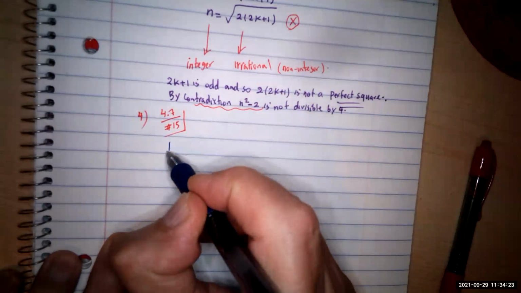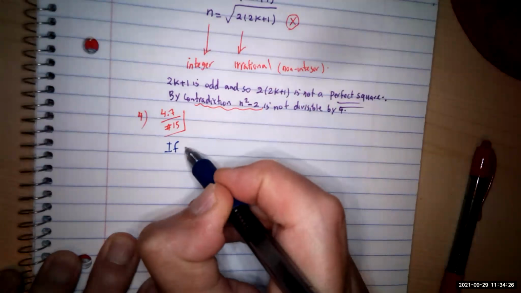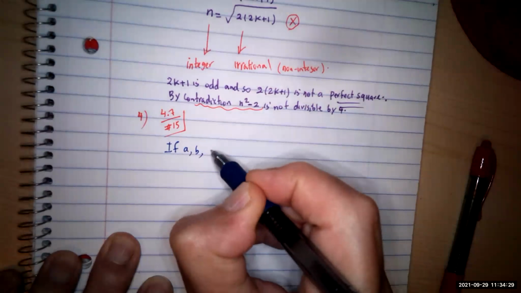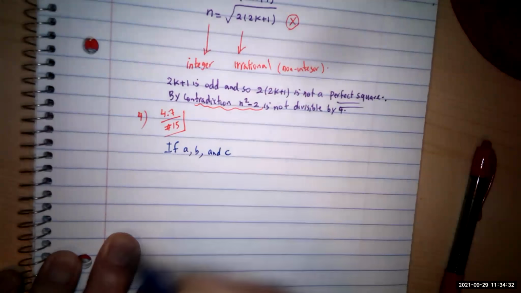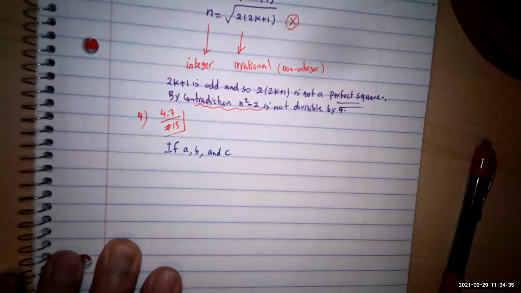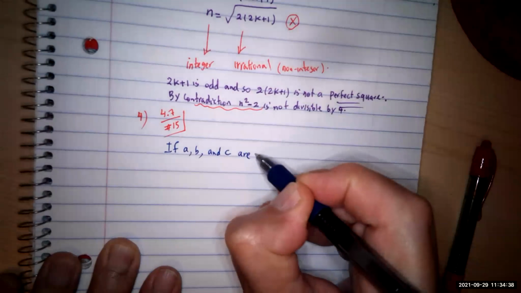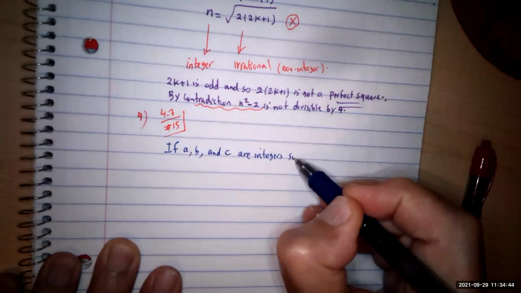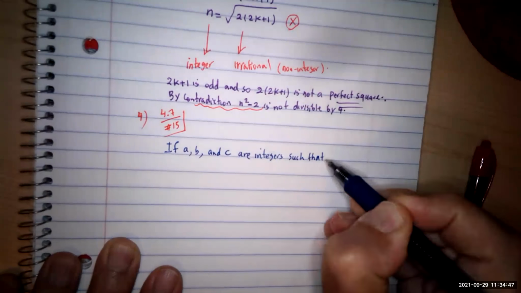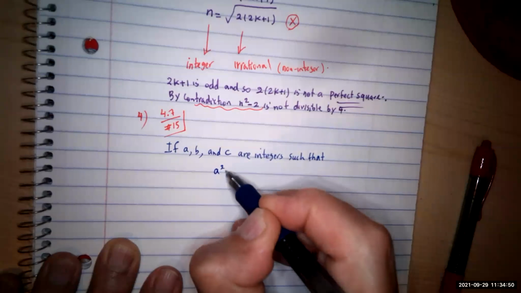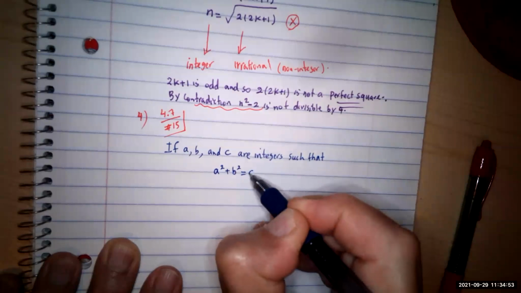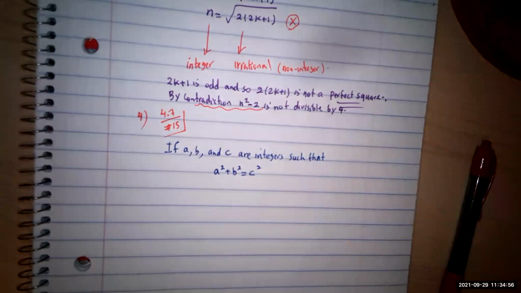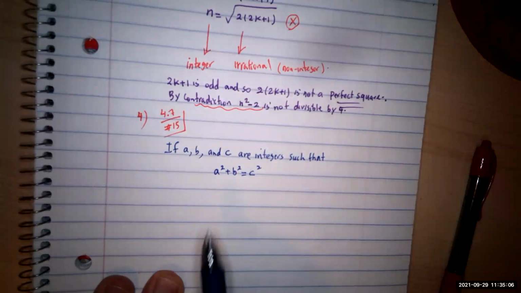The problem is, if A, B, and C, 3 numbers, are integers such that they satisfy the Pythagorean identity, A squared plus B squared is equal to C squared, then at least one of A or B must be an even number.